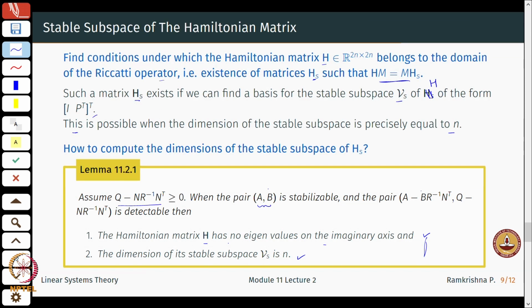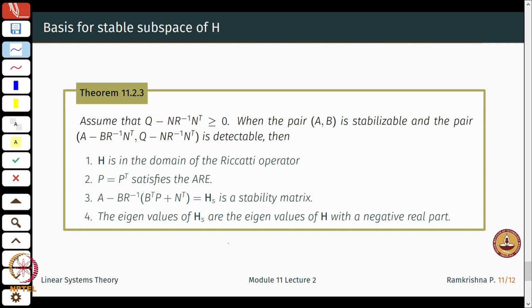Okay. Now, we can sum up all the results from all the theorems and lemmas into the following: assuming that this matrix is greater than 0, stabilizability of (A, B) and detectability of this pair, then H is in the domain of the Riccati operator, P is symmetric and it satisfies the algebraic Riccati equation, this we already proved, and the eigenvalues of Hs are the eigenvalues of H with a negative real part.